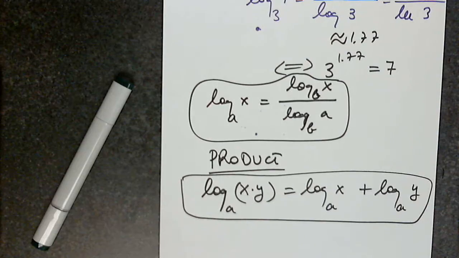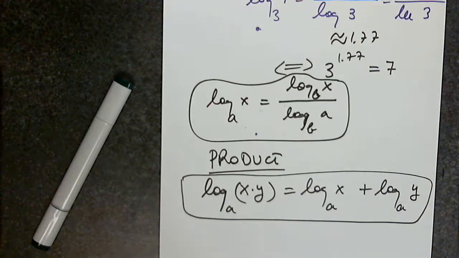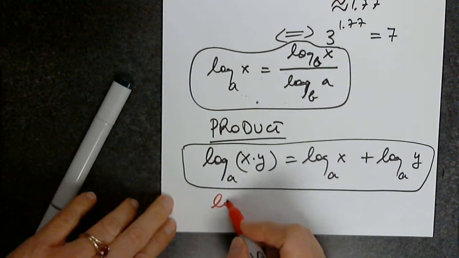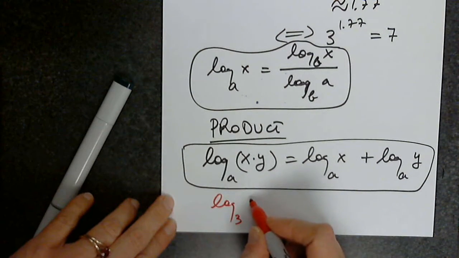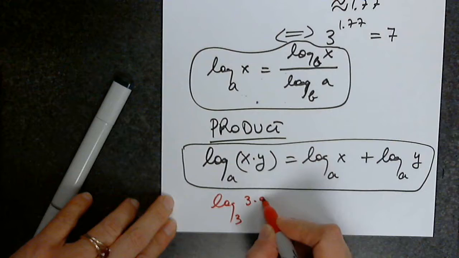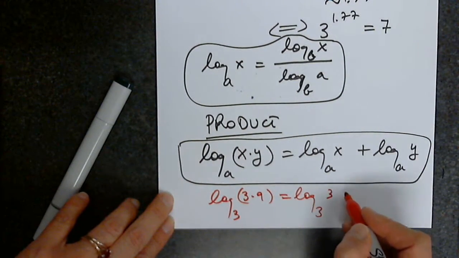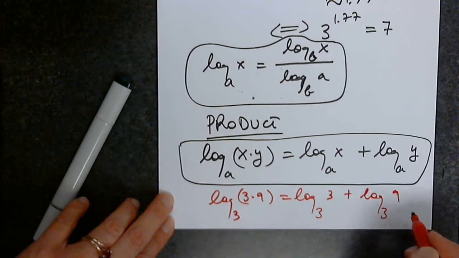This is a property that is unique to log. So in other words, as a numerical example, log base 3, let's say of 3 times 9 can be rewritten as log base 3 of 3 plus log base 3 of 9.